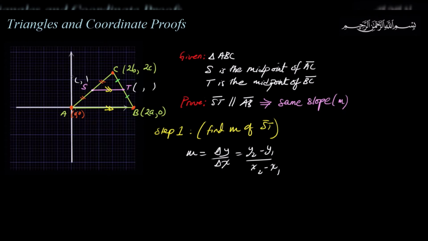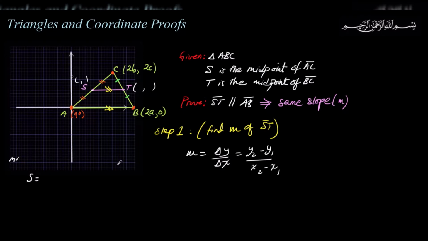Well, S is the midpoint of A and C, and there's a formula for the midpoint: the average of the coordinates, x1 plus x2 divided by 2, and y1 plus y2 divided by 2. You just take the average of the ordered pairs to get the midpoint.